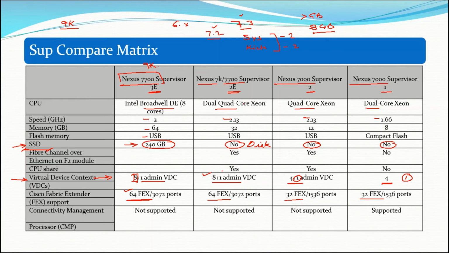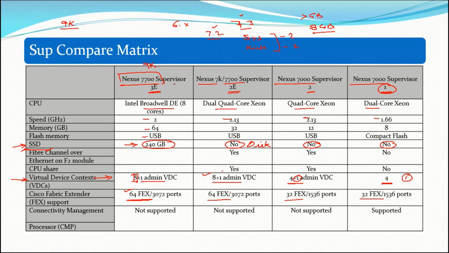If it is 2, then 4+1, or if it is a very old supervisor engine, very old devices, then it is 1. But just for your information, Cisco has discontinued this supervisor engine.